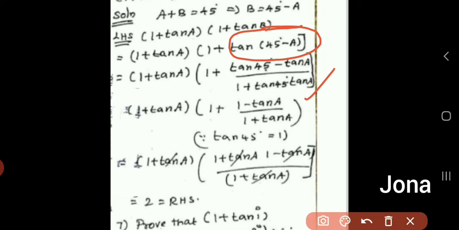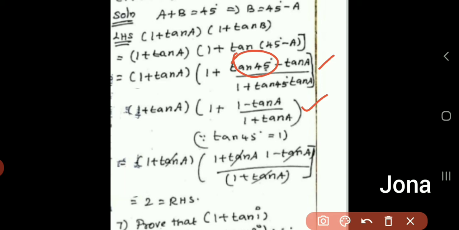We have to substitute this a as 45 degree and b as a. So that I have tan 45 degree minus tan a divided by 1 plus tan 45 degree into tan a. The value of tan 45 degree is 1. So in this bracket we have 1 plus (1 minus tan a) by (1 plus tan a).